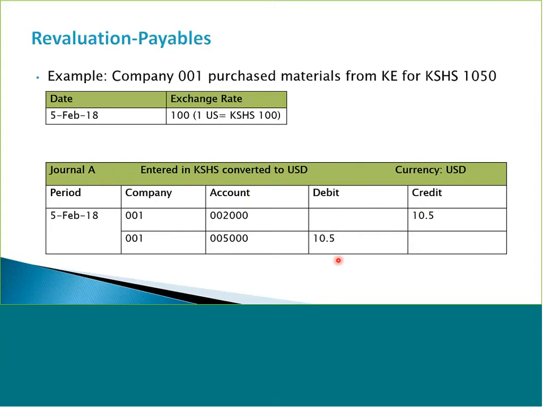Okay. So now this journal was entered on the 5th of February. And since, as we see, it hit our payables account, it means Maskani owes this company in Kenya that it is doing business with this amount, okay?